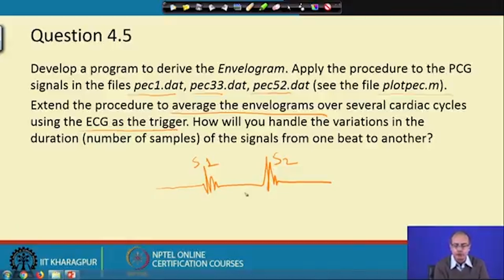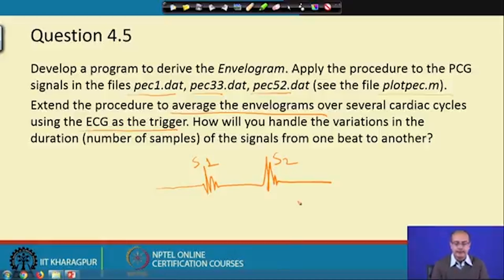So the envelope we create out of it has some amount of variation, and if we use the average envelogram, we can get a better estimate of S1 and S2, because if we take the cycles one after another, we can assume that the condition of the heart has not changed from one beat to the other, especially for several consecutive beats.